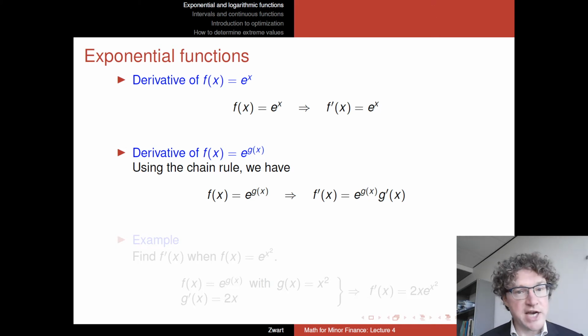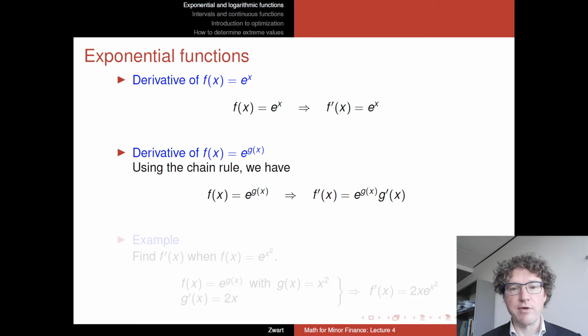So we have to use the chain rule if we want to compute the derivative of this function f of x. What do we need to do? Well, we have to take the derivative of the interior function, g prime of x, and multiply that by the derivative of the exponential function, which is just itself, so e to the power g of x.